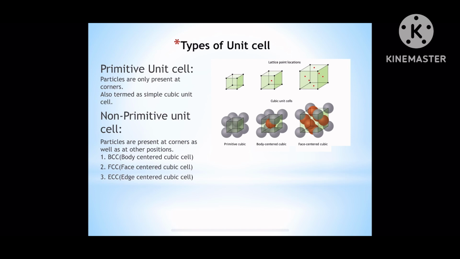As we know, a cube has 8 corners, 6 faces, and 12 edges. So if the particles are only present at the corners, it is termed a primitive unit cell.